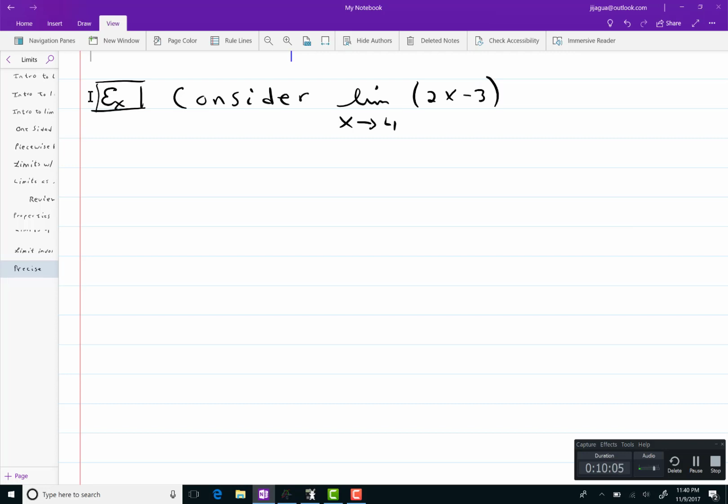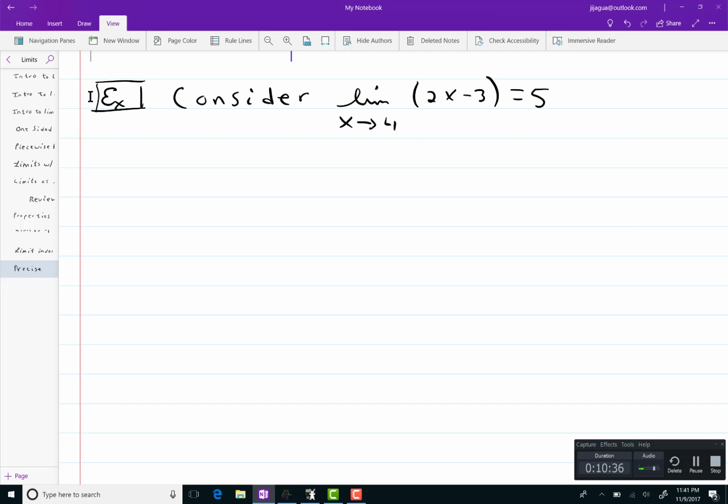Now, from our discussion, you happen to know that for a line, things that don't have breaks or holes, you can just take the number 4 and plug it in for x. So if you do that, you'll get 2 times 4 is 8, minus 3 is 5. So I want to show that as x gets closer to 4, y, which is 2x minus 3, gets closer to 5.